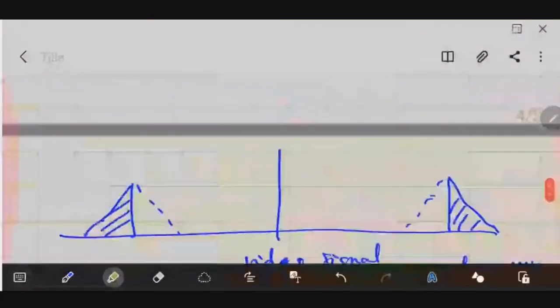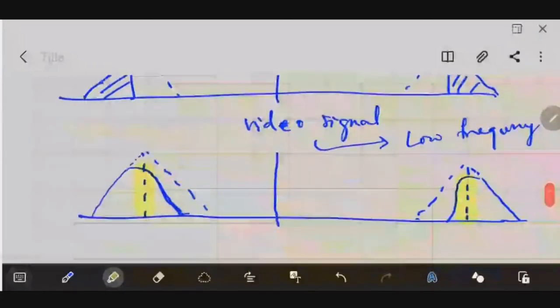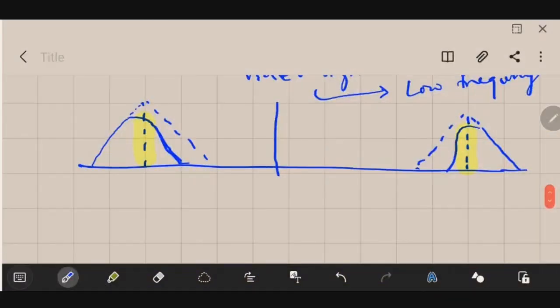When we are only transmitting the upper sideband or only the lower sideband, we are saving a considerable amount of bandwidth. In this vestigial sideband, we will obviously be saving some bandwidth, but not as much as we were saving in single sideband. So this kind of modulation is called your vestigial sideband.